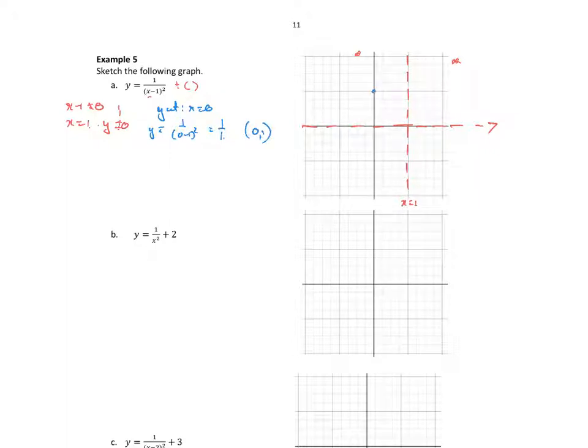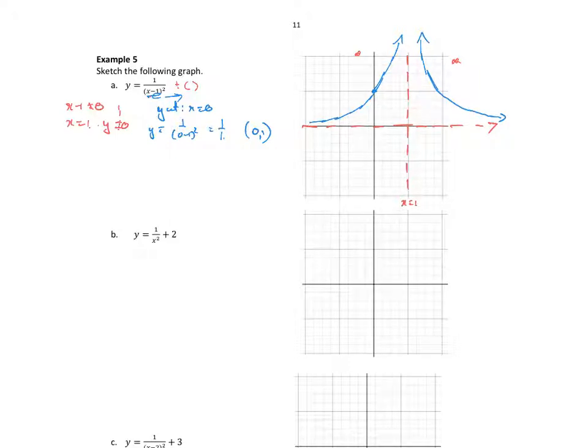So we'll put that there, and I can just sketch the graph. So there's my truncus. The key point being that x minus 1 in there means everything is shifted to the right, not unlike a parabola does.